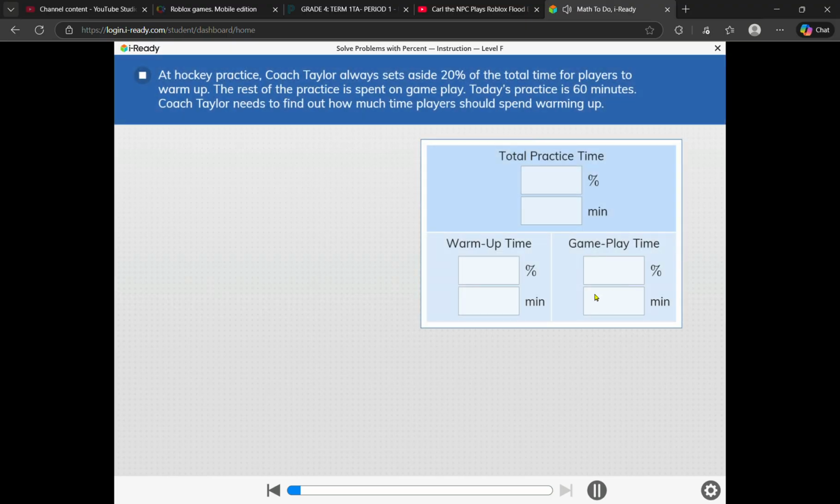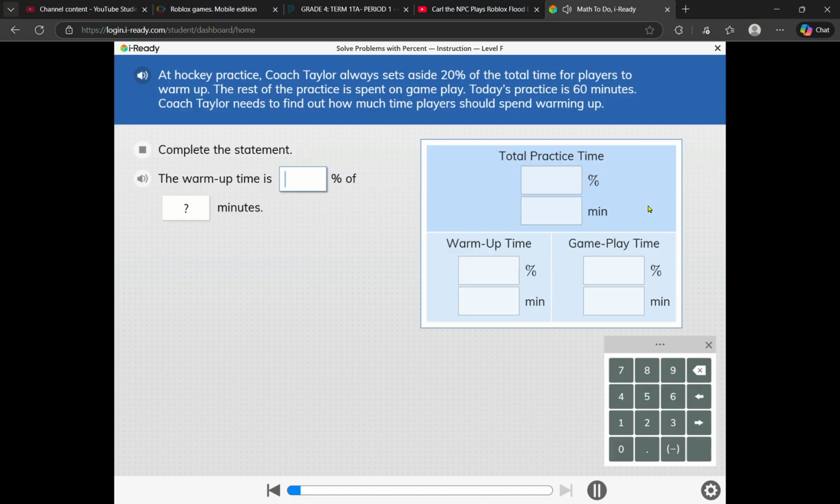At hockey practice, Coach Taylor always sets aside 20% of the total. Complete the statement.